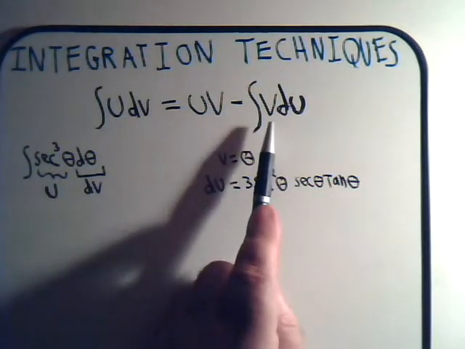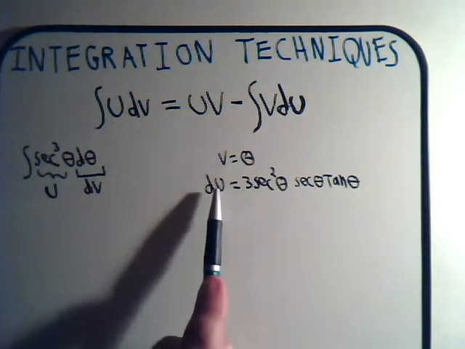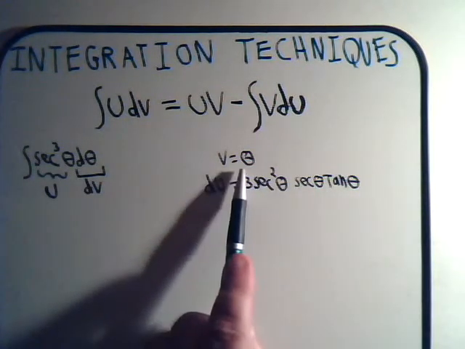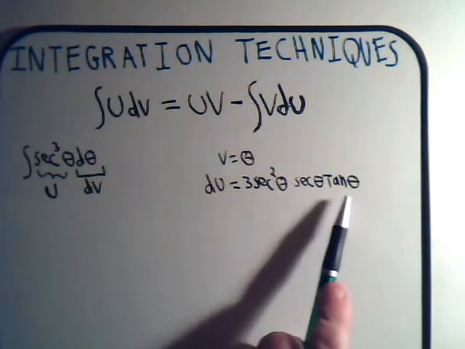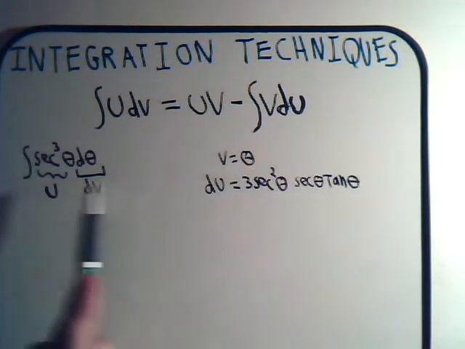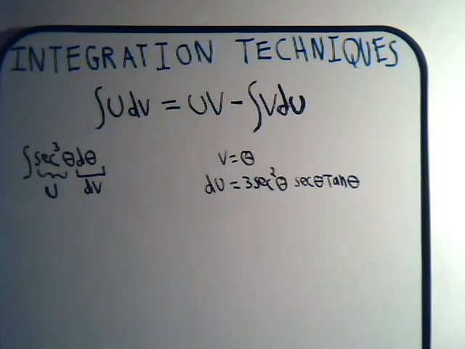So now when we have our integral of v du, forget the uv part for now, we're going to be taking the integral of theta times the secant cubed of theta times the tangent of theta. Looks much more complicated than what we started off with. So that's not going to get us very far.